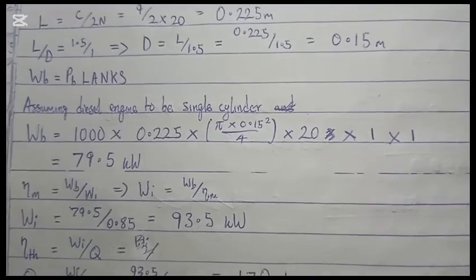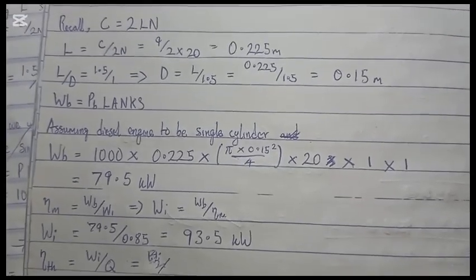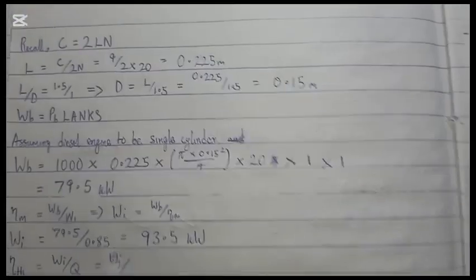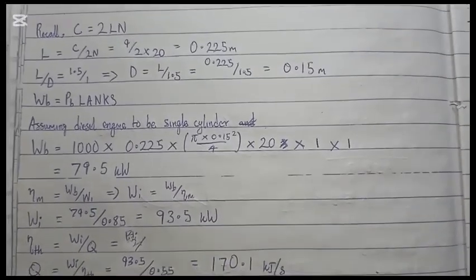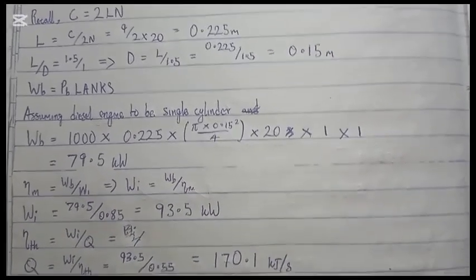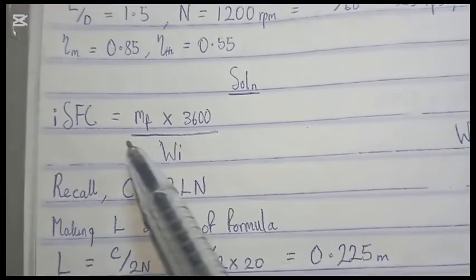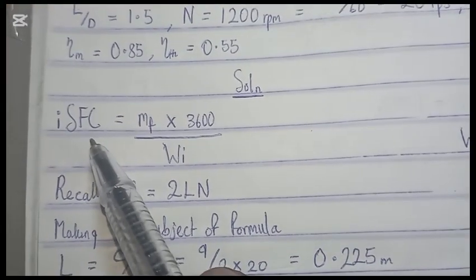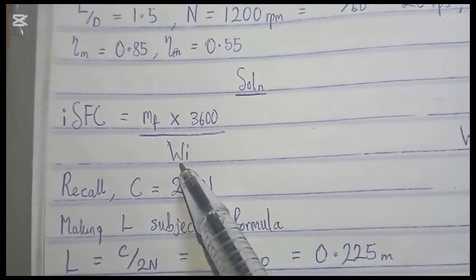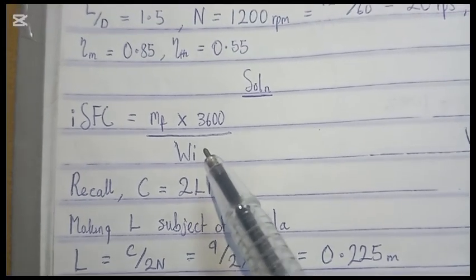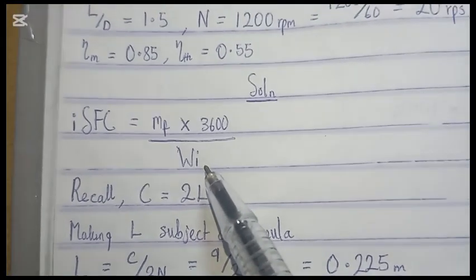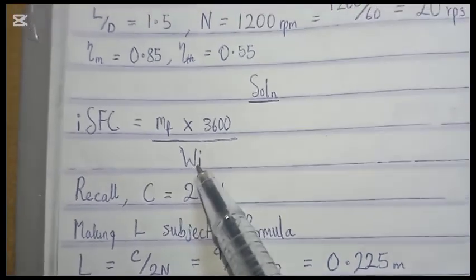Now we have our brake power. To solve for our indicated specific fuel consumption, we need our indicated power. We were given our mechanical efficiency, so we're going to use the relationship between the mechanical efficiency, the brake power, and the indicated power.